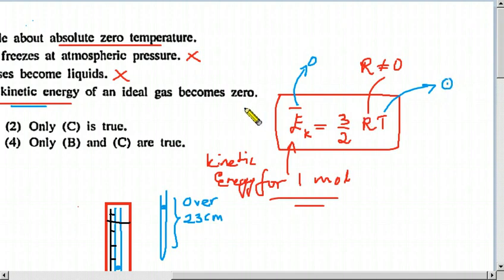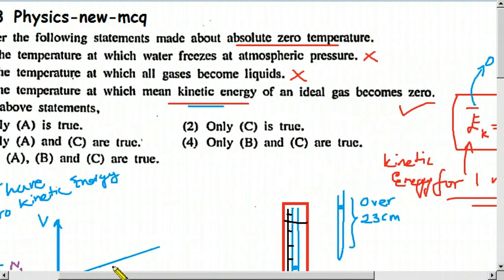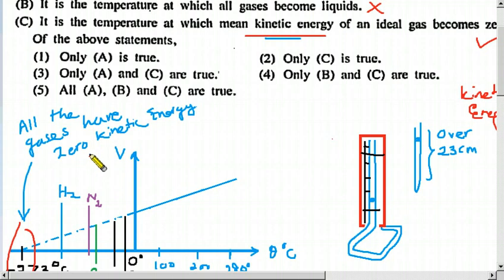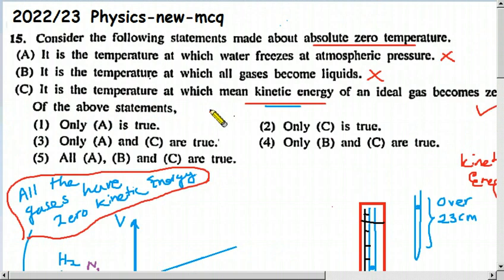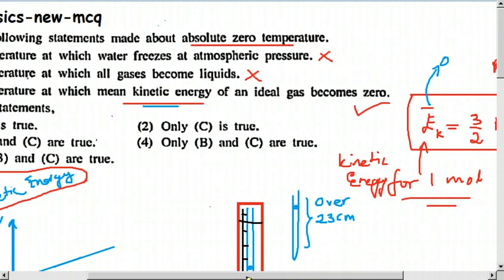That is correct according to the equation. So this one is correct. That means all the gases have 0 kinetic energy at this particular temperature. What is it? Absolute 0. At absolute 0, all the gases have 0 kinetic energy. That is what they say in statement C: it is the temperature at which the mean kinetic energy of all the ideal gases becomes 0.